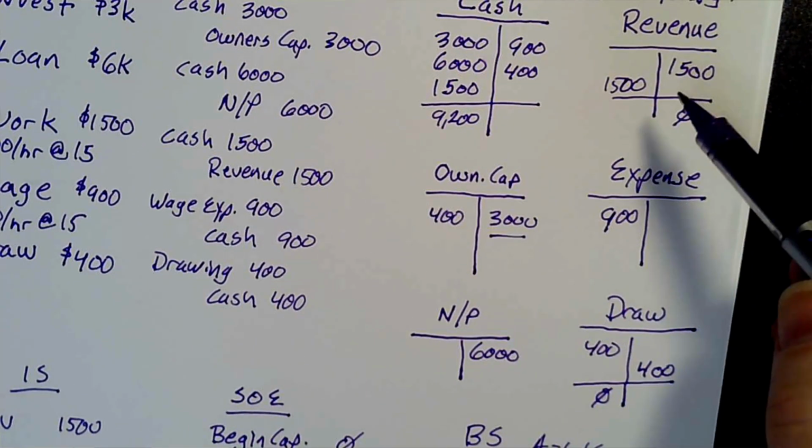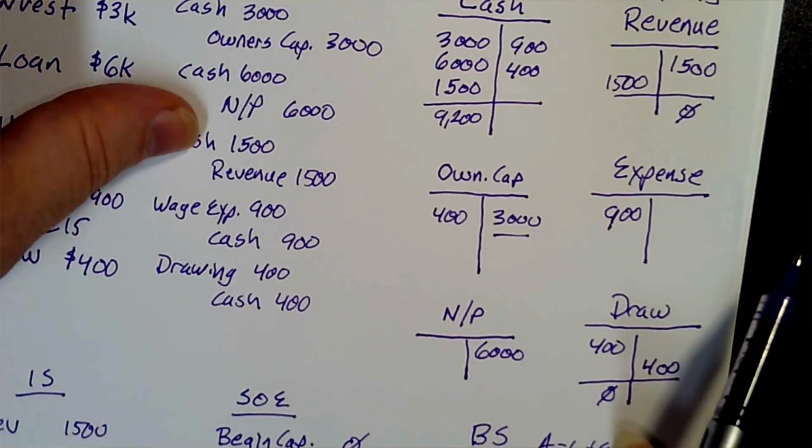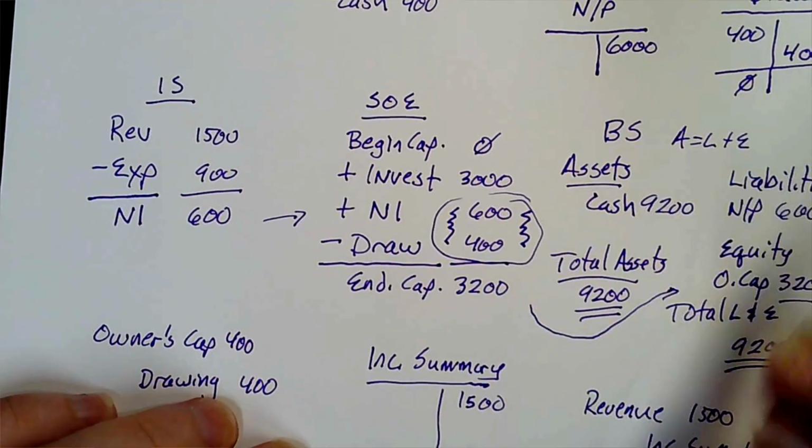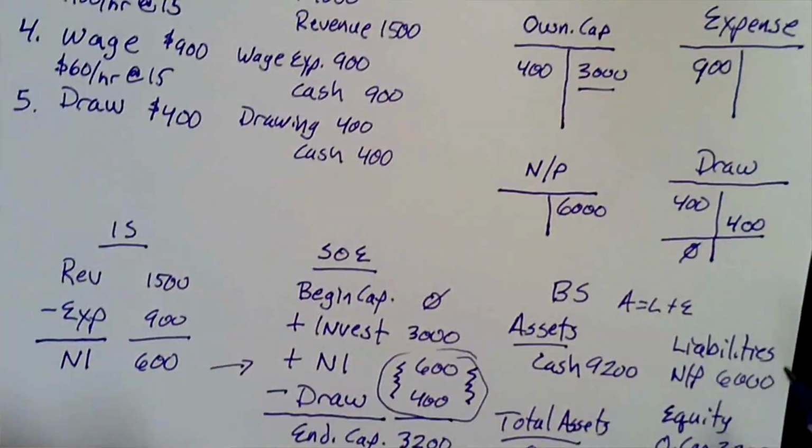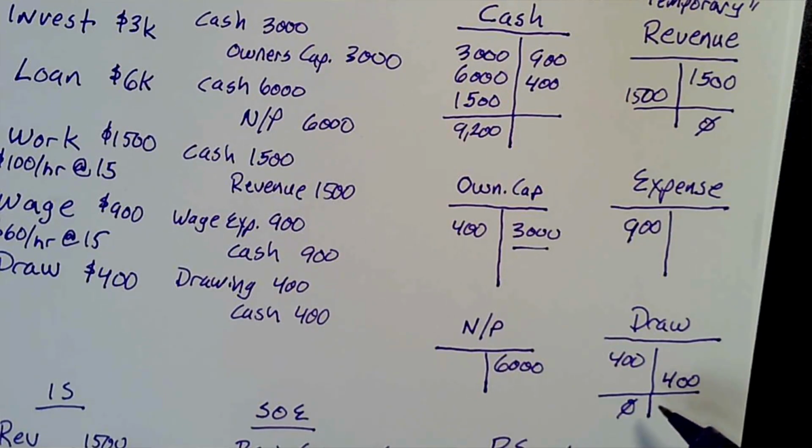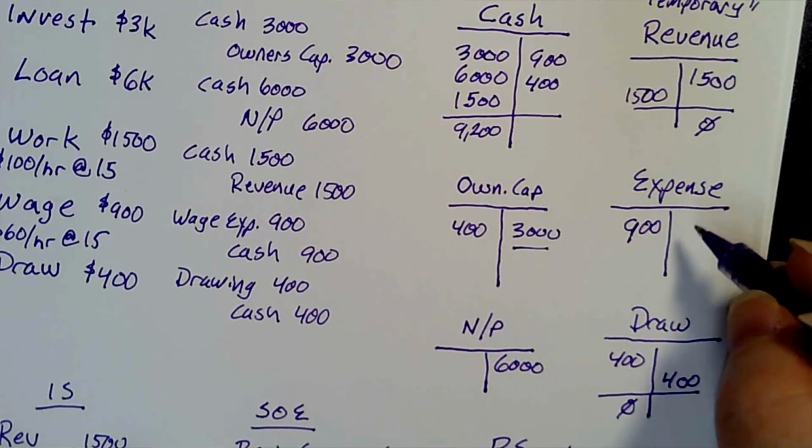So you see, I've taken it out of revenue and placed it temporarily in the income summary. So right now we have two of our three accounts that we need to zero out. Revenue has been zeroed out, drawing has been zeroed out, and now we're going to take the expenses out.